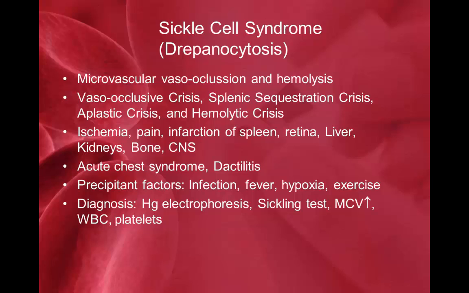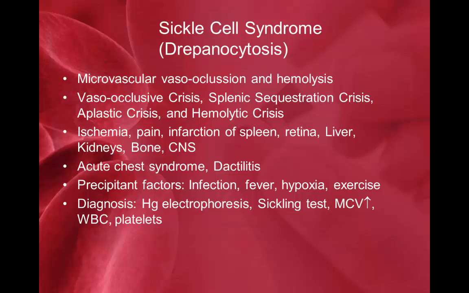Fever, hypoxia. So look for the etiology of the possible decrease of SpO2 and treat it as well, and give oxygen to the patient. And extreme exercise also could produce it. Diagnosis is by electrophoresis.